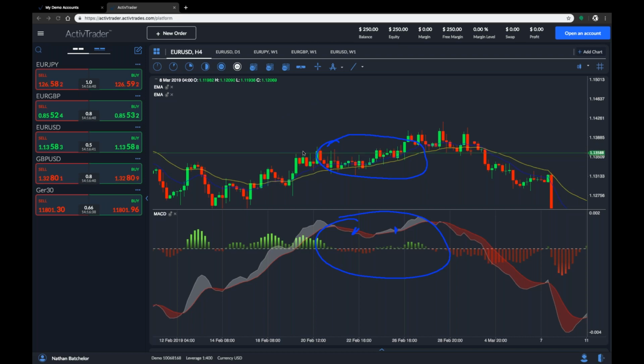Whereas at least here, you can sort of say on a 4-hourly time frame, these moving averages have crossed there, and then they cross again here. Maybe my hypothesis is that the overall trend is up, and I will take a signal on the MACD when it turns green.